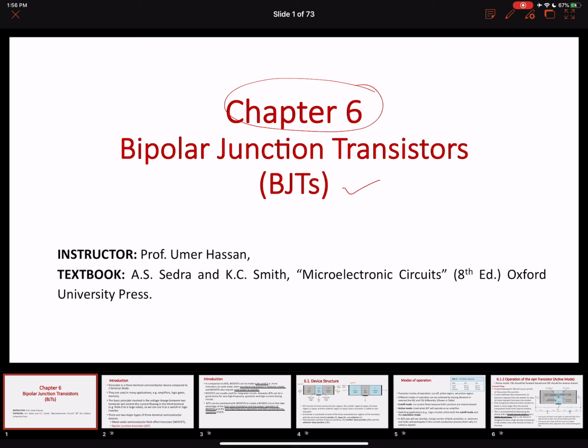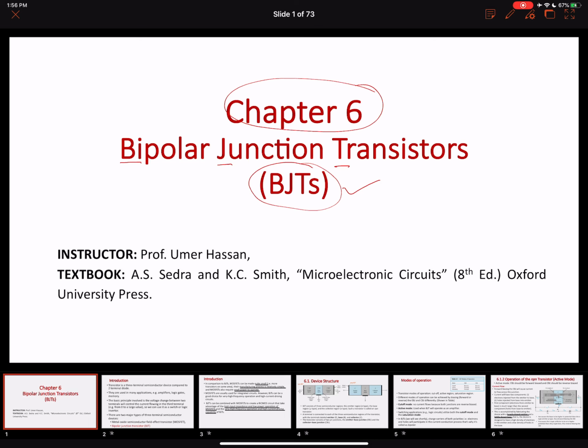And then we will move on to chapter number 7 and discuss the topics of the amplifiers related to bipolar junction transistors, and we will study how we can use these BJTs in different amplifier configurations, right? So we have a bipolar junction transistor, BJT.